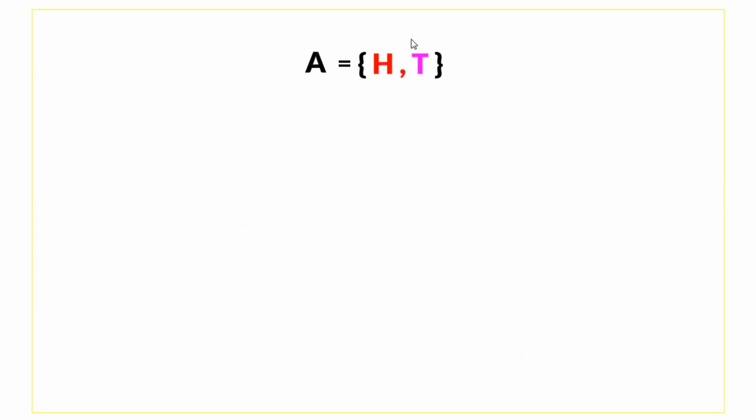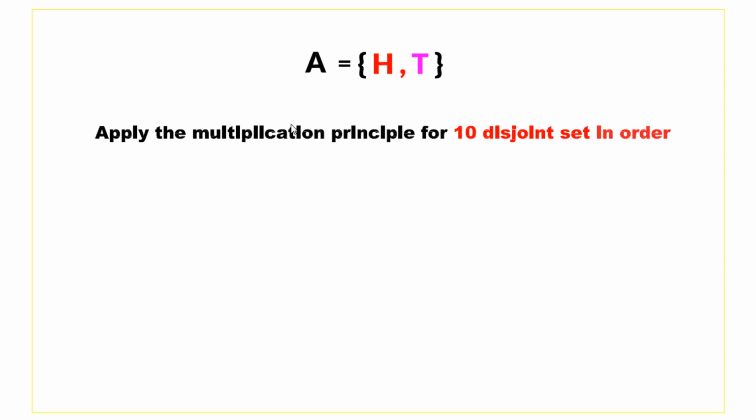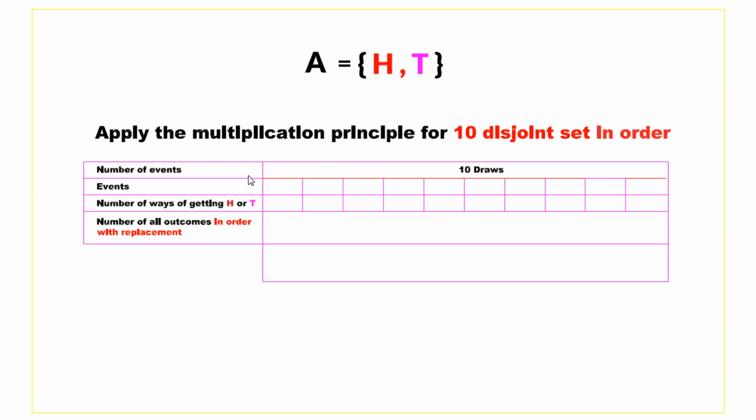We can also derive the number of elements in the sample space using the multiplication principle for 10 disjoint sets and in order. Each set is composed of 2 elements, head and tail. So we draw this table of events, and we have here 10 draws.